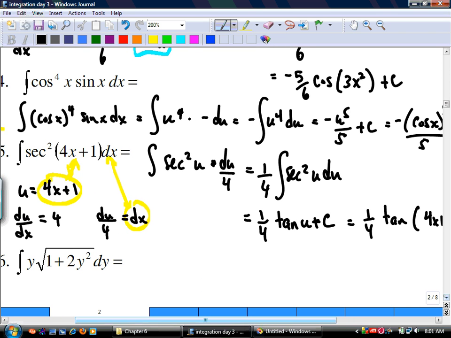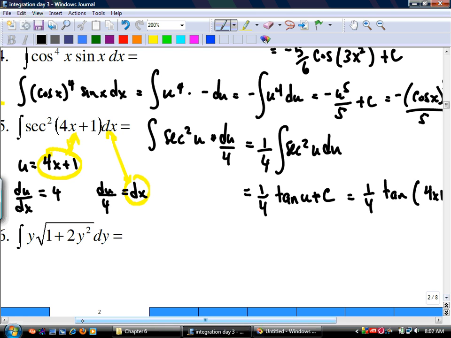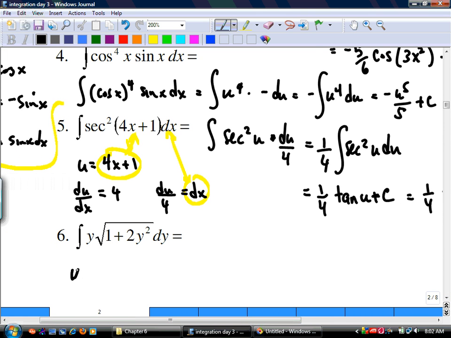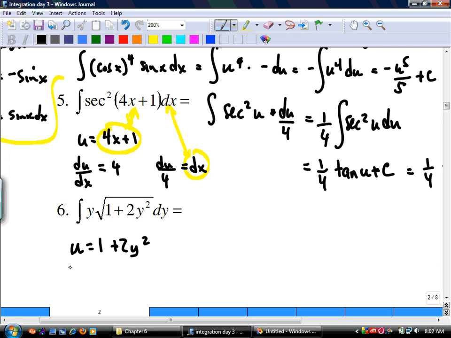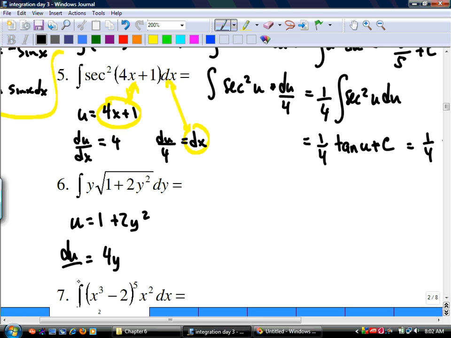Okay, what are you going to let u equal? u equals 1 plus 2y squared. So du over dy equals 4y.